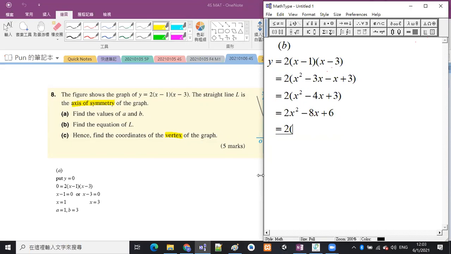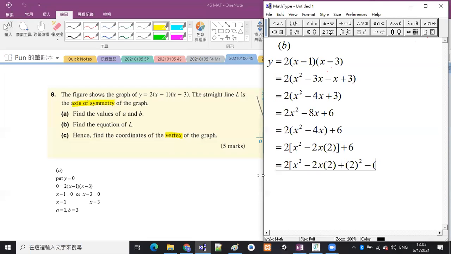So take out the A. So x squared minus 4x, and then leave the C alone at the back. Okay? And then 2 times x squared minus 4x, I give it a square, 2 squared, but take away this immediately, plus 6.